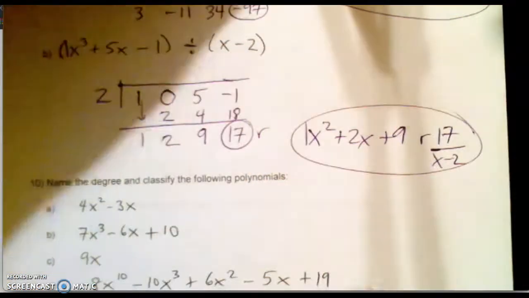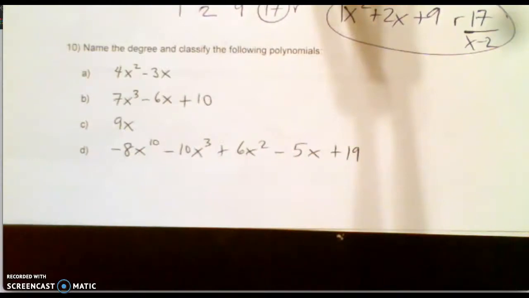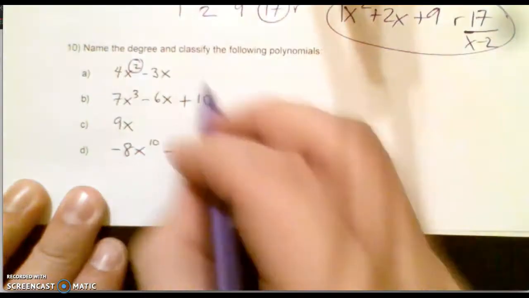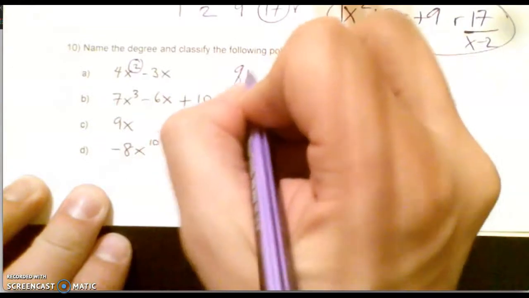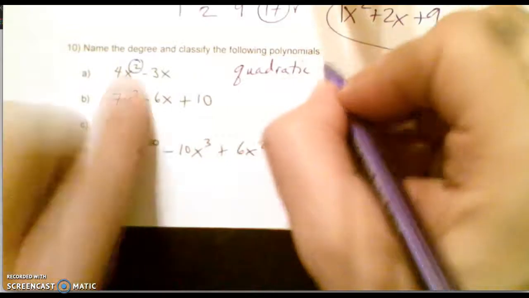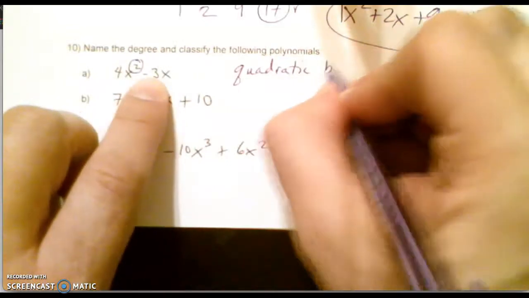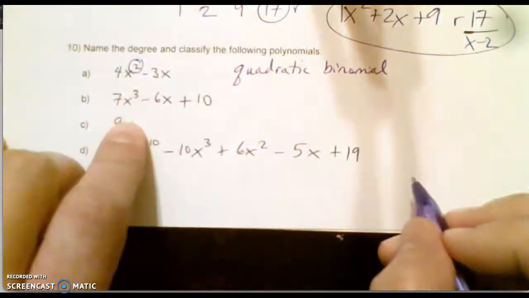Sweet. All right, one more chunk here, and that is, do you remember all these special names? So if you see the highest power, I'm going to say the degree and classify the polynomial. So this is a quadratic, because the highest power is 2, and since there's 2 terms, binomial. Quadratic binomial. Fancy name for it.